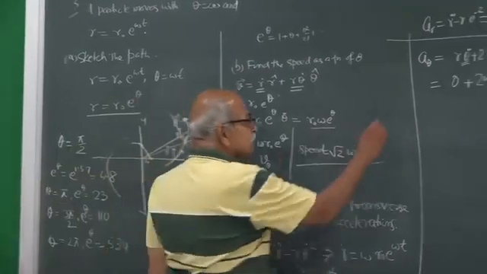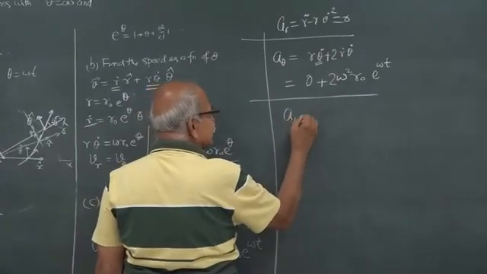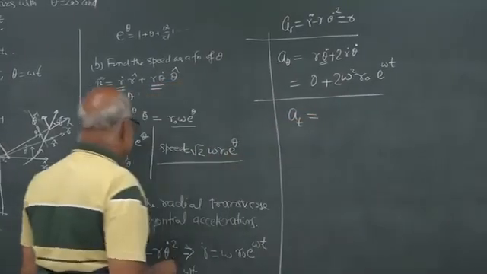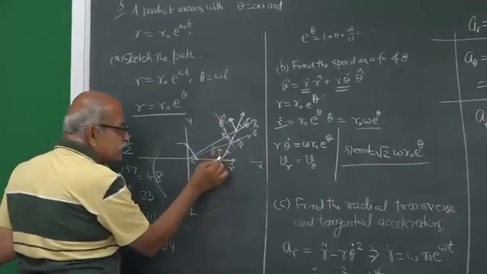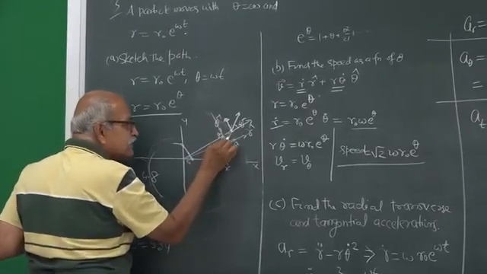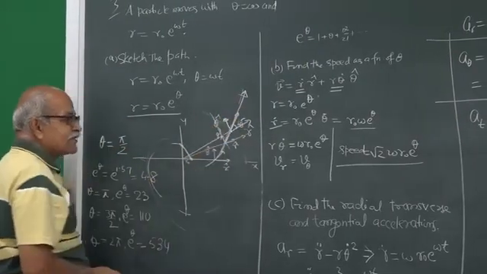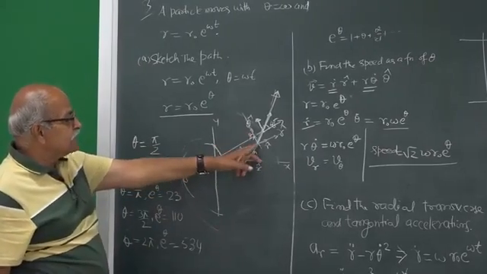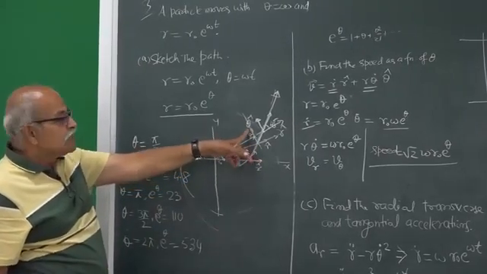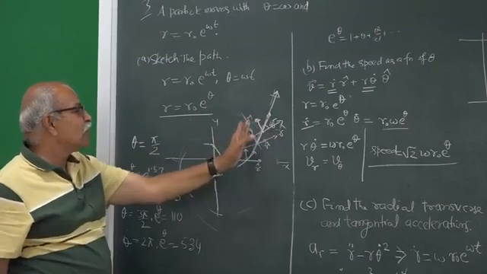And tangential acceleration, A_T, you can write. What is that? Acceleration along this tangent. If this is the path, then this is the tangential direction, and in that tangential direction, what is the acceleration? In theta cap direction you have the full acceleration. If you need a tangential component, you just multiply by cos of that angle.